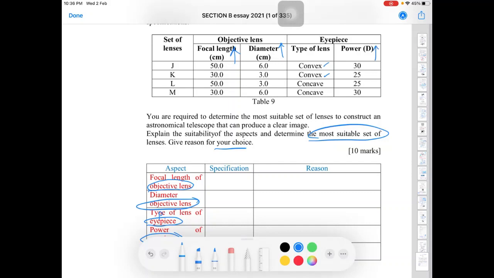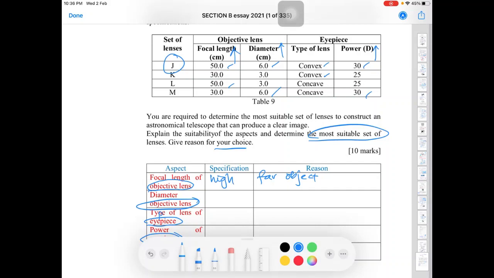Eyepiece mesti kita nak high power. Alright, so ini high. Ini diameter high. Jadi your choice will be J. Okay, focal length. Kenapa focal length objective lens kita nak besar, panjang? Because kita nak tengok far object. Okay, so kita nak focal length high. Okay, far object.